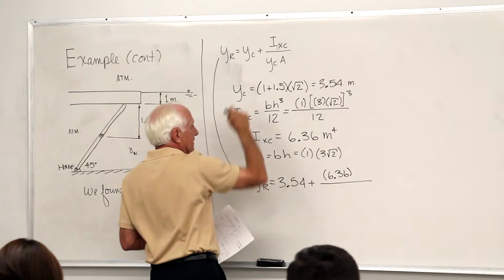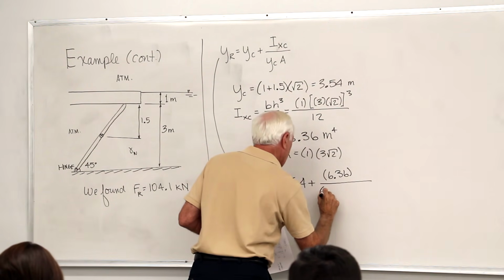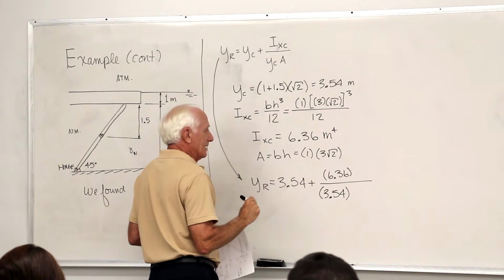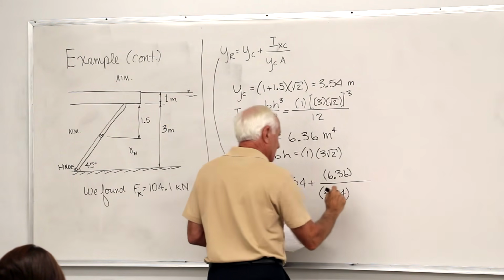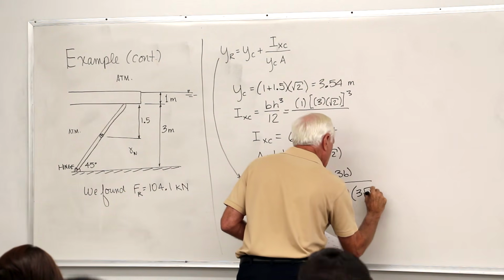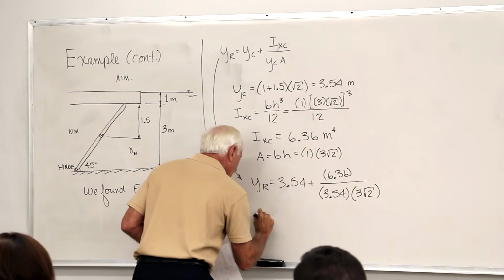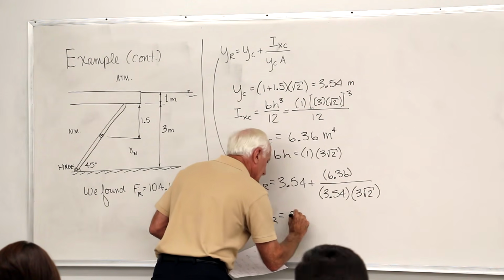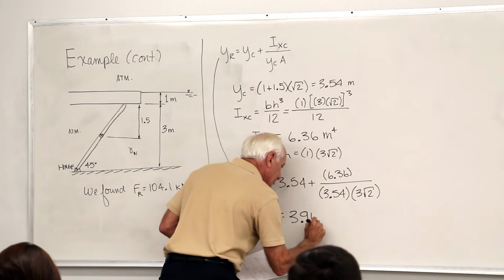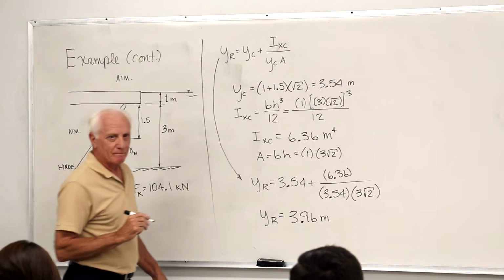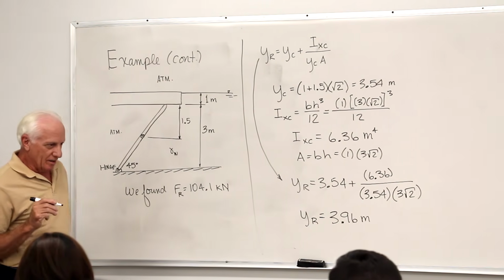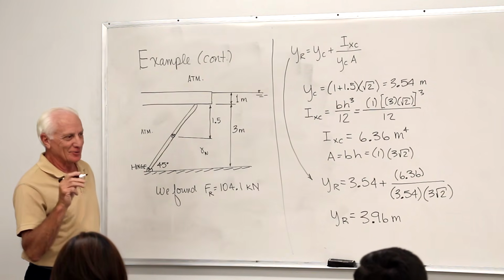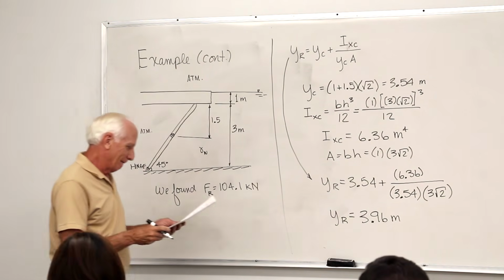That's the numerator, divided by y sub c, 3.54, divided by A, 3 square root 2. y sub r, 3.96 meters. Measured from where? From the free surface down to the location of the surface where the resultant force acts.